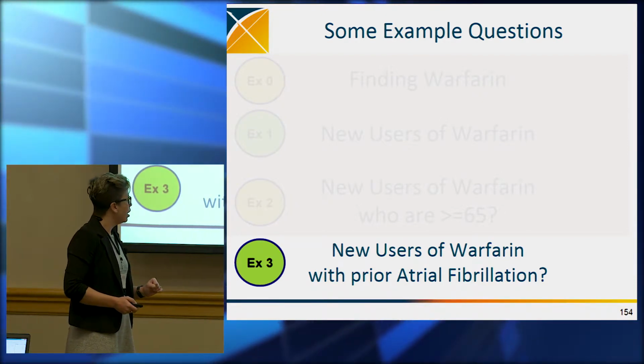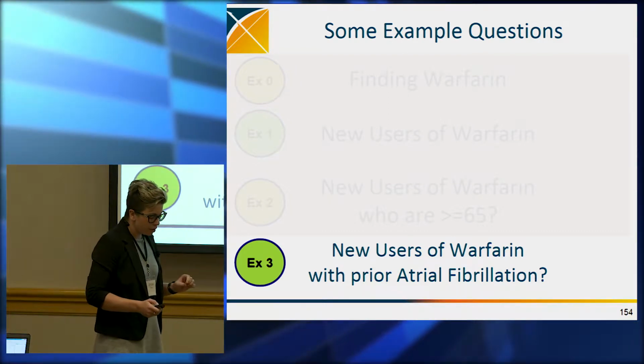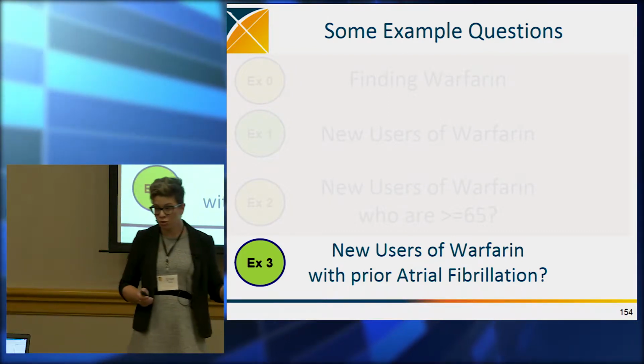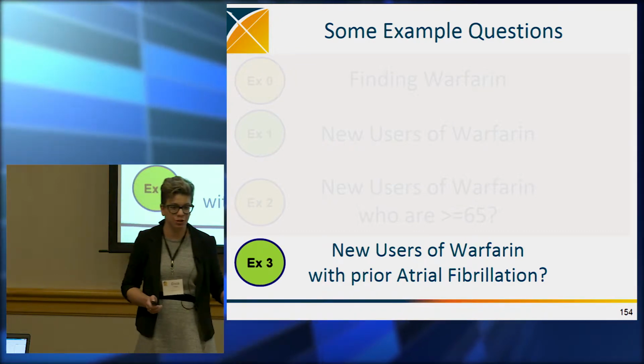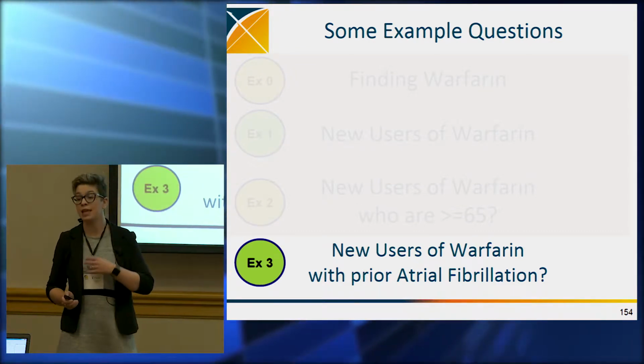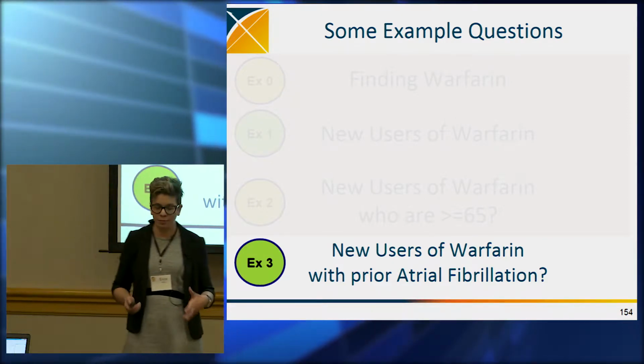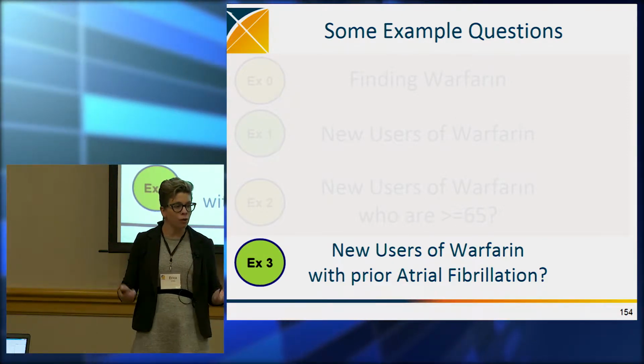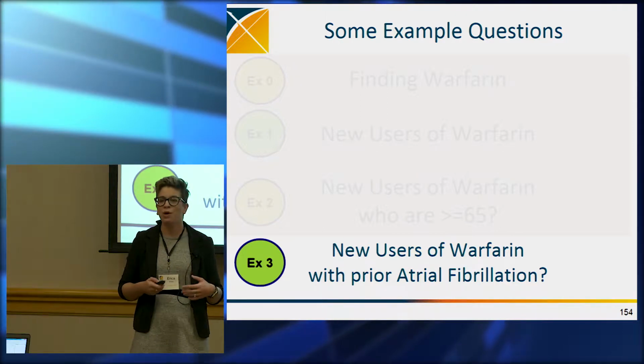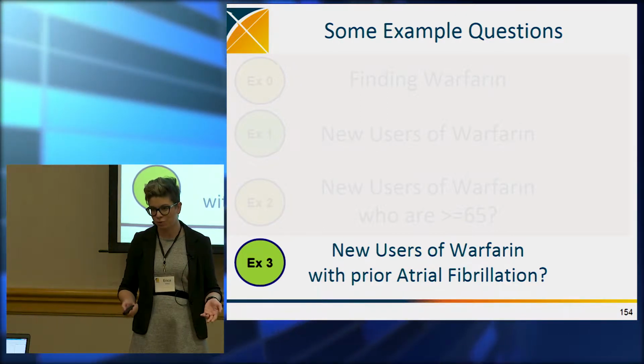Okay, so now we're going to just look at new users of warfarin. So we're going to use our observation period table still. We're going to get rid of the age requirement here. And then we're going to look for a prior atrial fibrillation. So sometimes in our cohort definitions, we want to look at certain people who have exposure to the drugs.